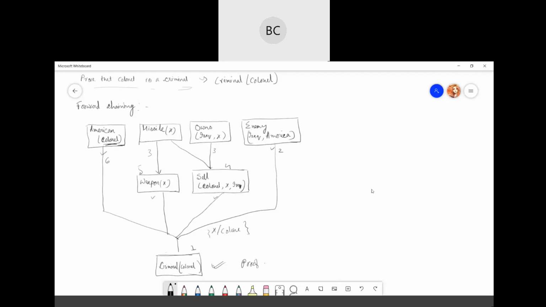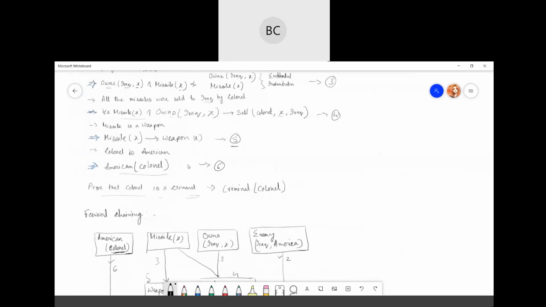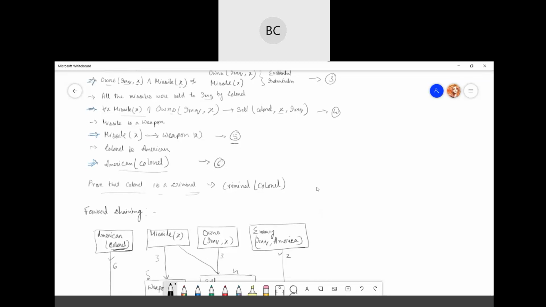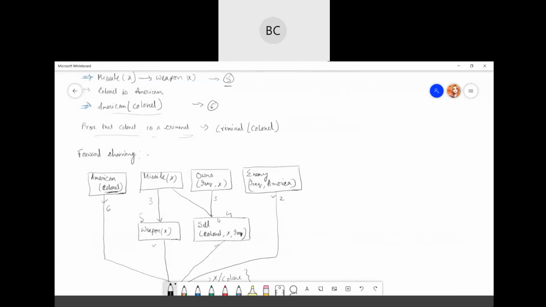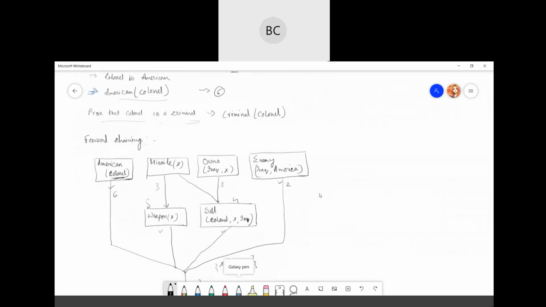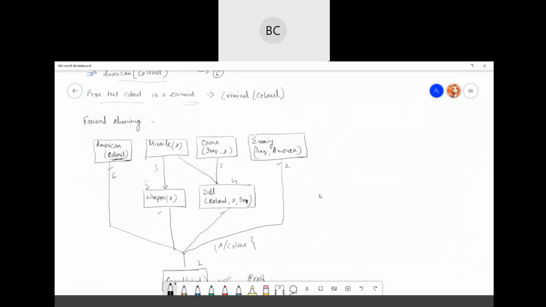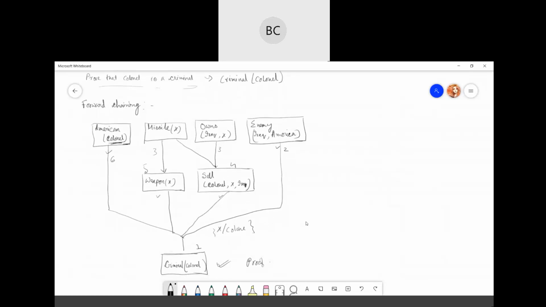Just remember, we will always start with the small single FOL predicates. Then we will see from all these single ones if we can go to or reduce the right hand side part, or the implication part. Then you just go imply, then see what combinations can be used. Here we have three implications. So from three we just imply colonel is criminal.